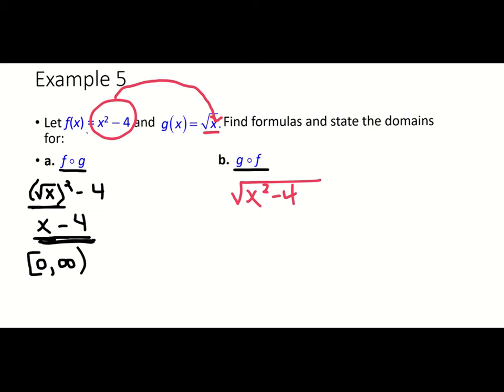Now, for this one, we have a radical here, and we know with radicals we can't have negatives. So that means whenever you find the domain of your radical, I'm just going to take what's underneath that radical, the x squared minus 4. Remember, that always has to be greater than or equal to 0. So when I go to solve it, I'll add 4 to both sides.